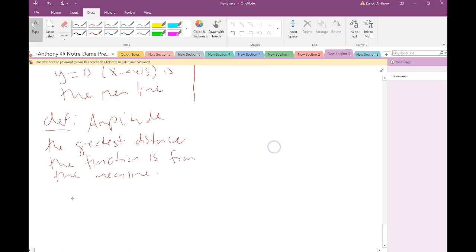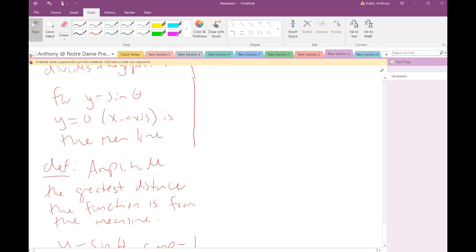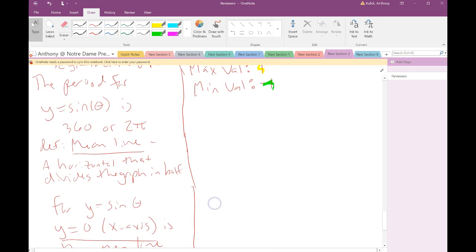So in the case of y equals sine theta, the amplitude is 1. So for sine, the period is 2 pi, the mean line is the x-axis, or y equals 0, and the amplitude is 1.